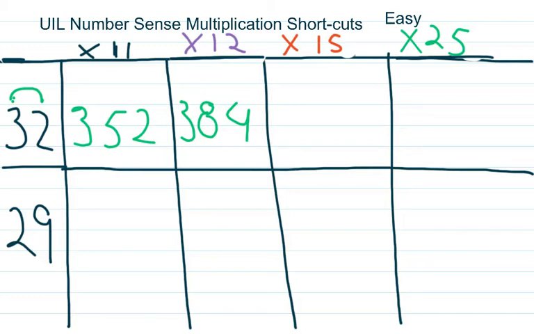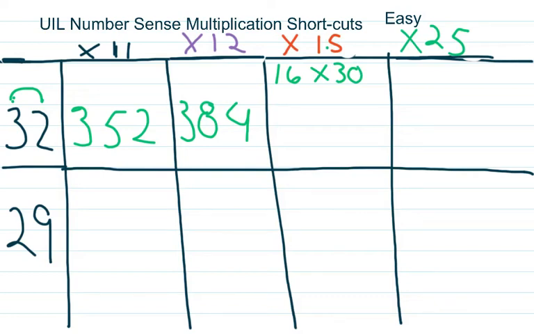Let's half 32. Half of 32 is 16. And you double the 15, which is 30. Isn't it an easier concept to do?